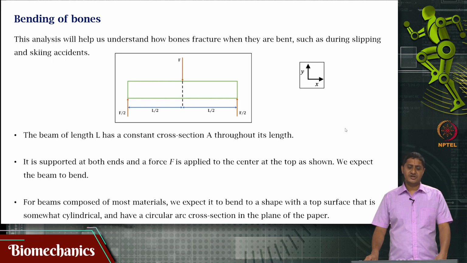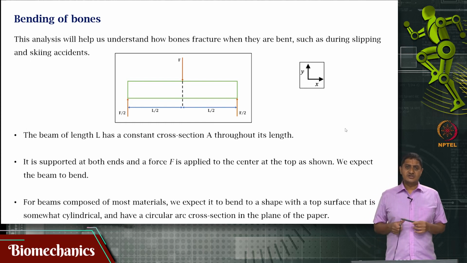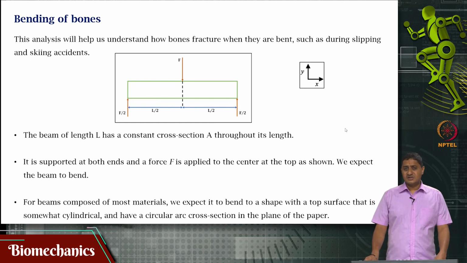How does bone get fractured? Consider a beam that has a uniform cross sectional area. It might be an arbitrary cross section, but uniform throughout its length L. It need not be rectangular or circular, but for the sake of simplicity we can assume it to be rectangular or circular.